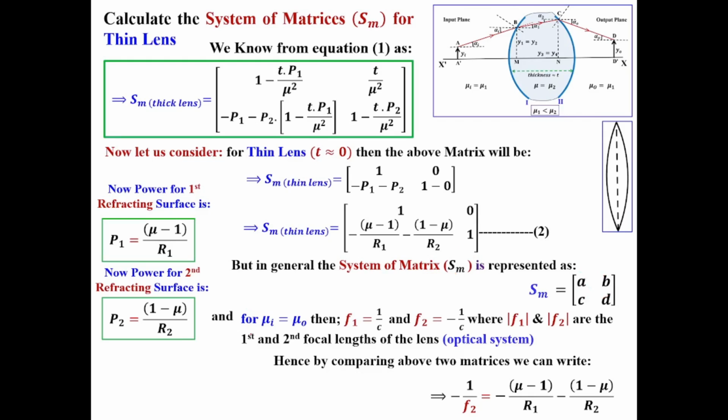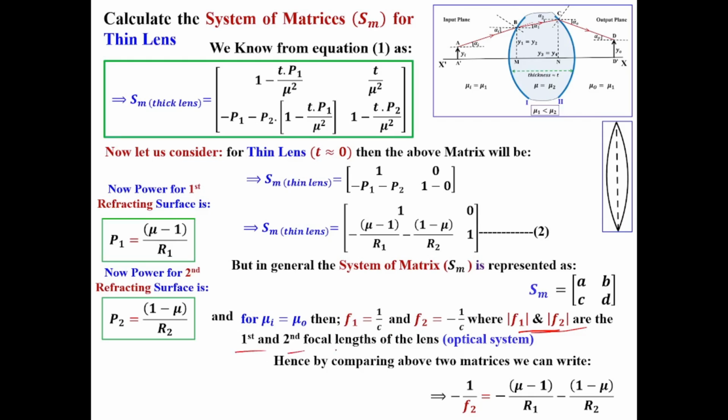Okay, and in our previous class we already discussed that when mu_i equals mu_o, that means the input side refractive index is equal to the output side refractive index, then f1 equals 1 by C, f2 equals minus 1 by C, and the magnitudes of these f1 and f2 values are the same.